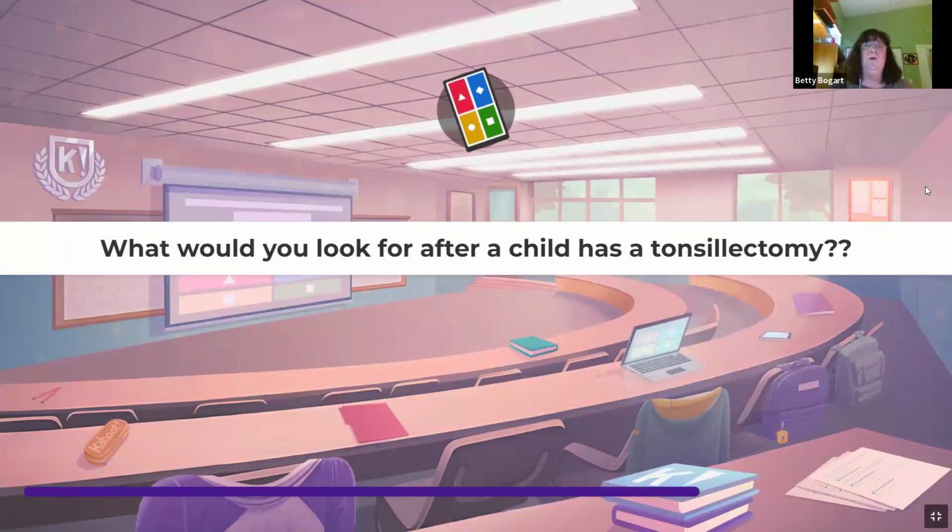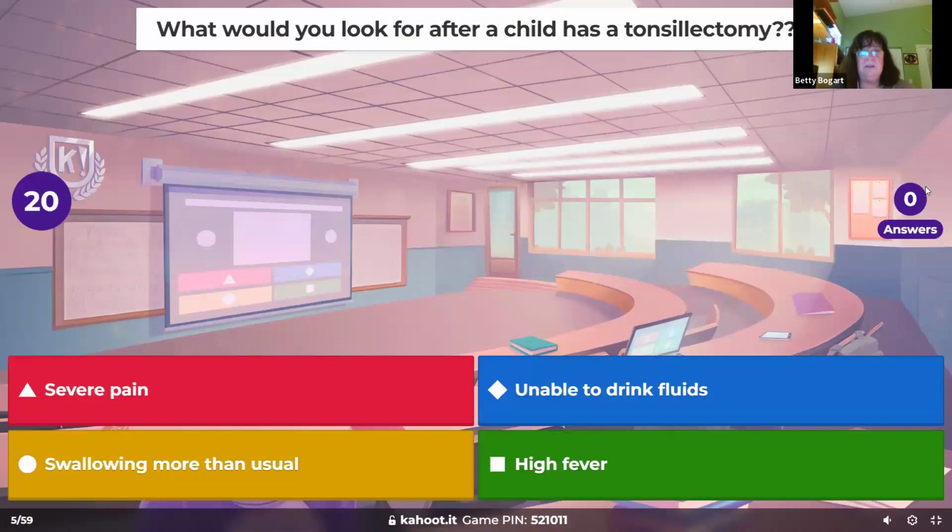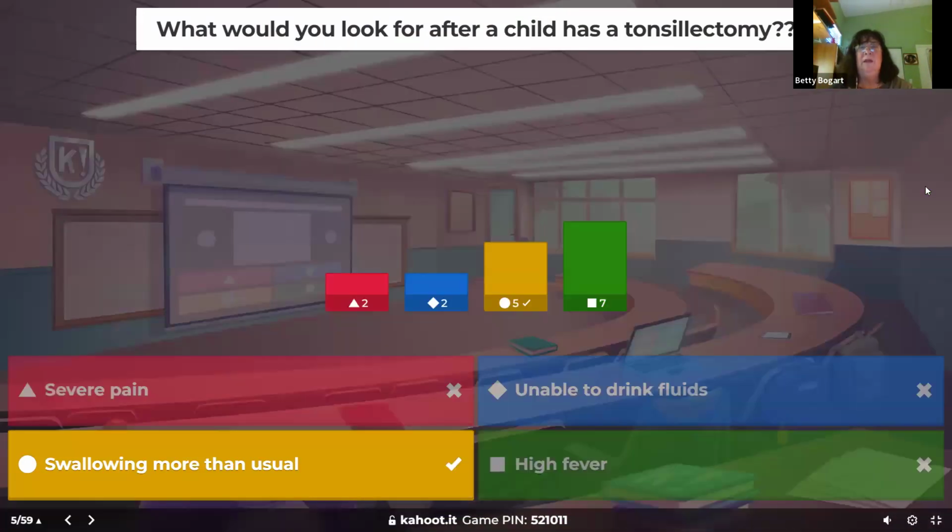What would you look for after a child has a tonsillectomy? So remember, they're cut in the back of their throat and cauterized. Our big thing is bleeding, right? Children who post tonsillectomy that are bleeding, all of a sudden you're going to see them swallowing.